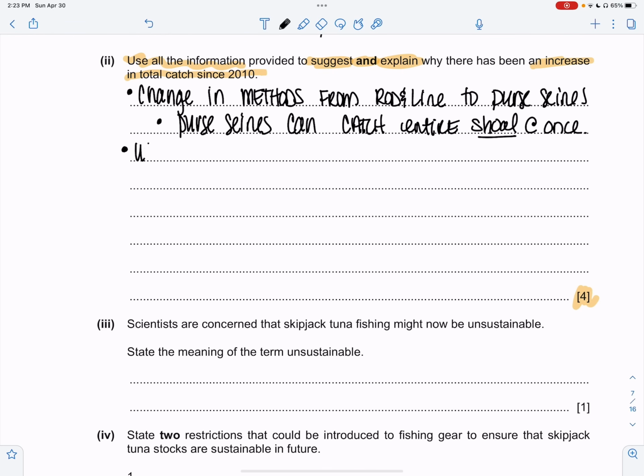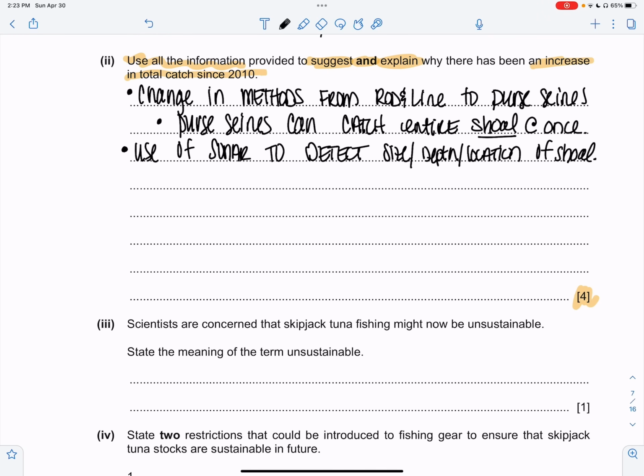Another reason, the use of sonar to detect the size, the depth or the location of the shoal. They have the advantage of using industrial boats.